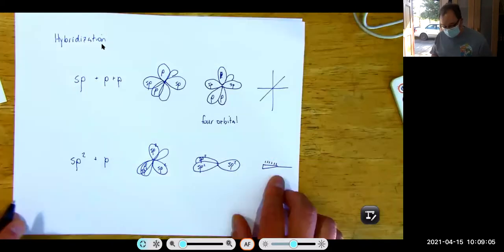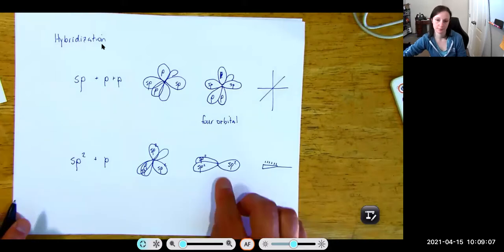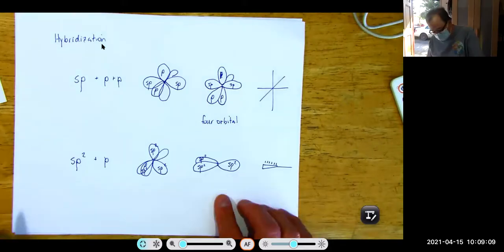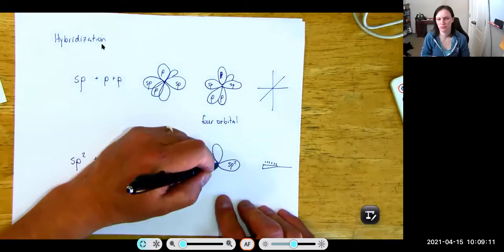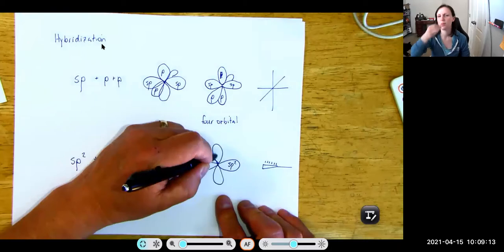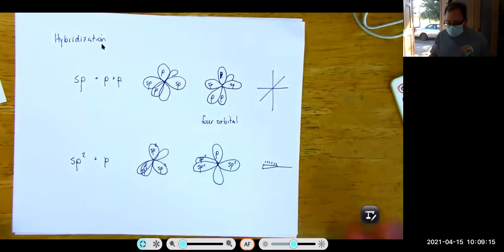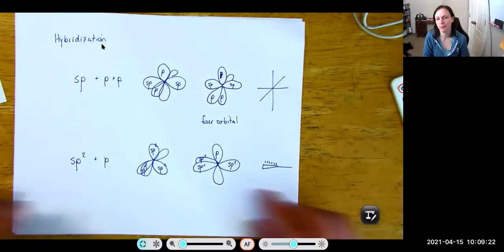Okay? The reason I'm drawing it this way is it's a lot easier to see where the p goes. So up and down. So in essence, the p goes in the space that's left over where it will have the least repulsion with the other orbitals. The unhybridized p.